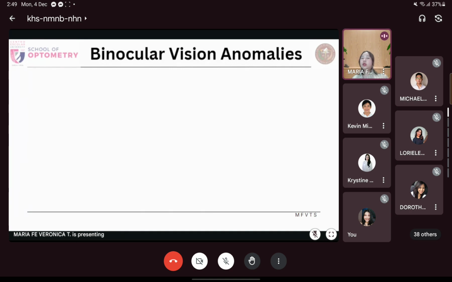Okay. So when you hear about binocular vision anomalies or binocular vision, ano yung unang-unang thought or what's the first topic na una-una mo agad naiisip? Can anybody tell me? For example, nabanggit ng isang patient sa inyo or ng isang teacher sa inyo regarding binocular vision.